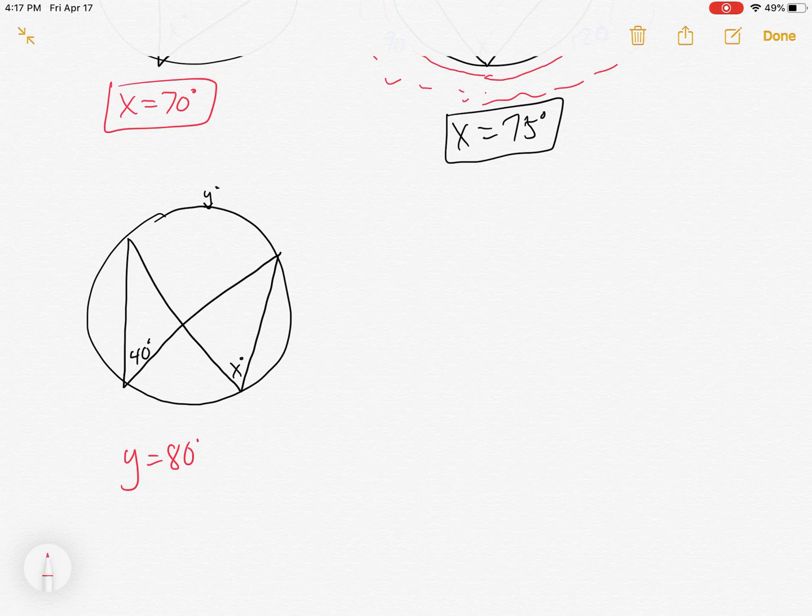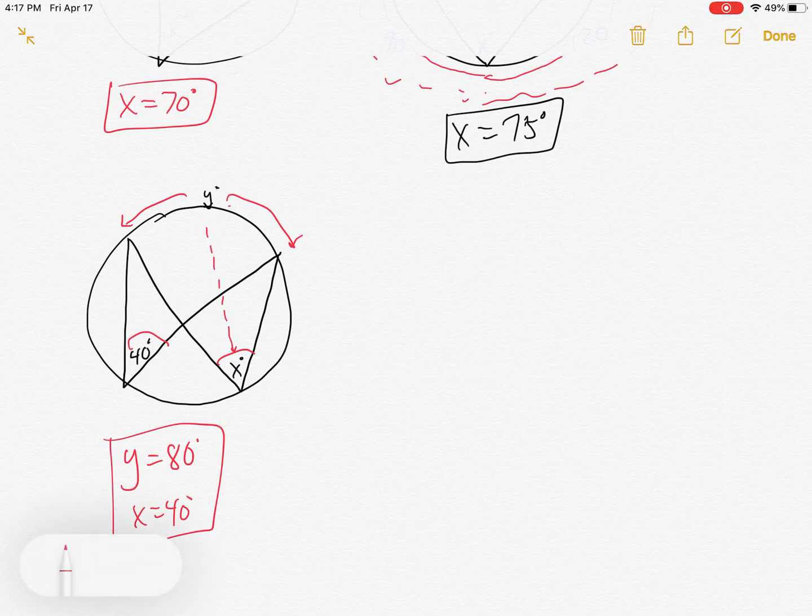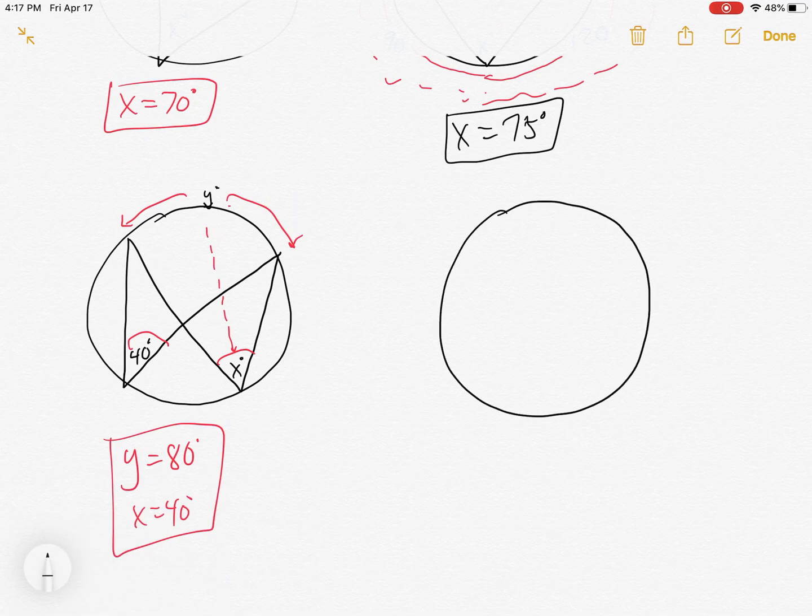One way is to say, oh, Y is 80, because 40 is half the measure of its intercepted arc. Y, notice it's centered right here, so Y is double the inscribed angle, right? So that 40 degrees can be half of it. And then X is half of 80, so X is 40. But you might have also just said, wait a second, these are two inscribed angles that open to the same arc. They're congruent. You could have gotten the 40 that way also.